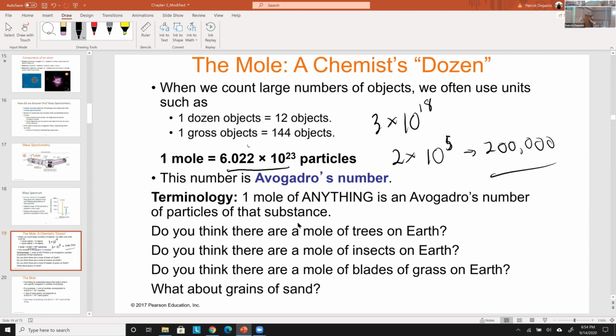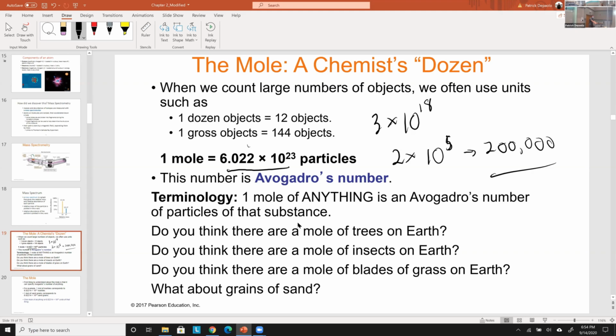So to give you an idea, grains of sand are very small. We know that it takes an unfathomable number to create a mole. Now let's think about why we're using this number in the first place. I said before, when we talked about the law of definite proportions, or law of conservation of mass, all those laws in the beginning, that the molar mass of oxygen is 16 grams per mole.